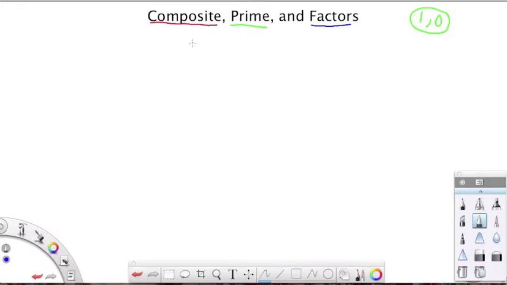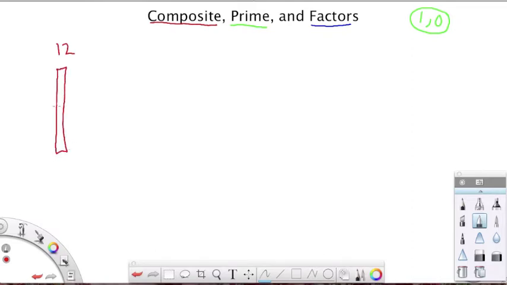Okay, let's start with composite. Let's go back to red. We're going to take a look. Let's take the number 12. There's a couple different ways we can represent 12.